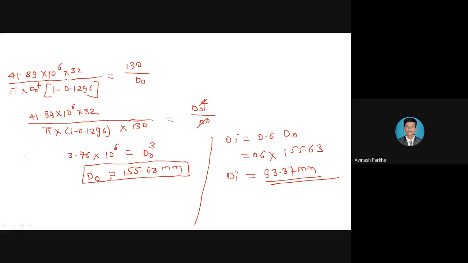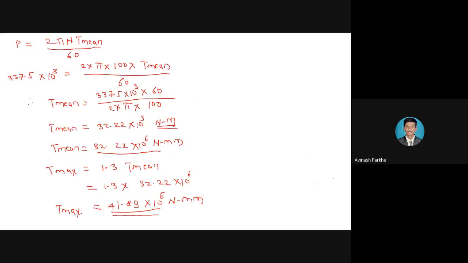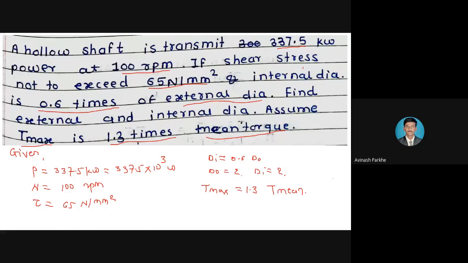In addition, the relation between the maximum torque and the mean torque is also mentioned in the statement at the last. You can see, assume Tmax is 1.3 times T mean.